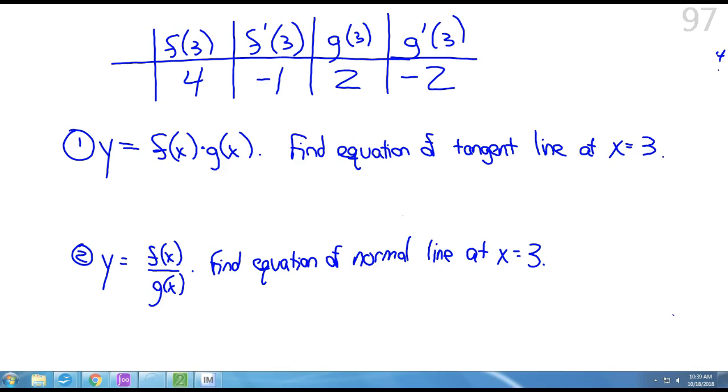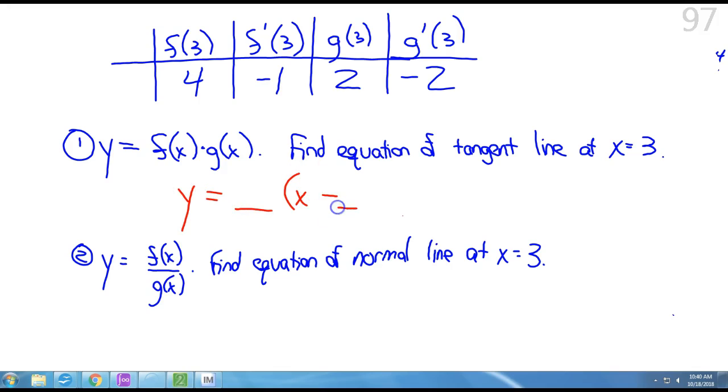This is kind of combining some of the stuff we've done. So I would start off on both of these.